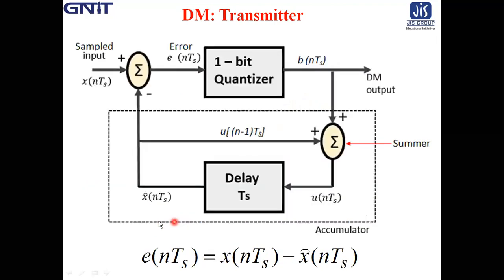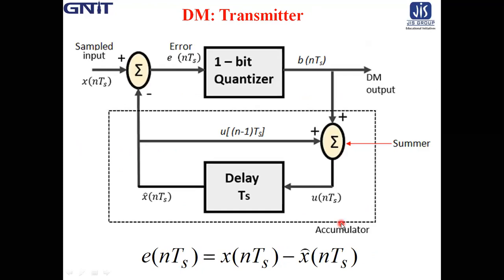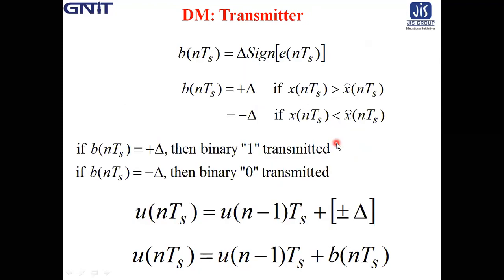u(nTs) equals u((n-1)Ts) plus or minus delta. So here only either plus delta or minus delta comes, depending on the comparison. So u(nTs) equals u((n-1)Ts) plus b(nTs).